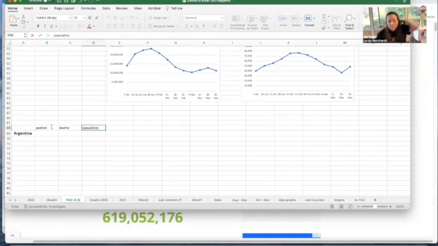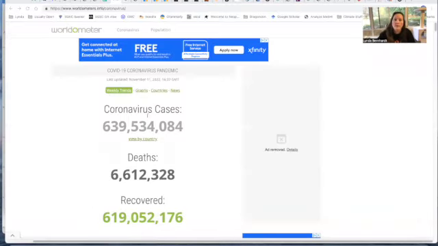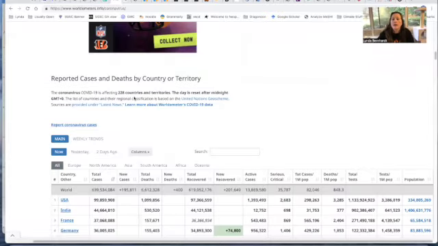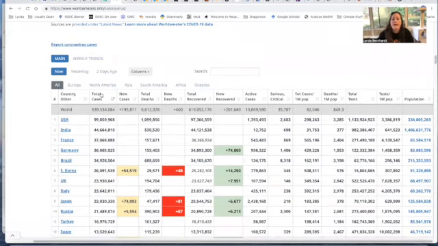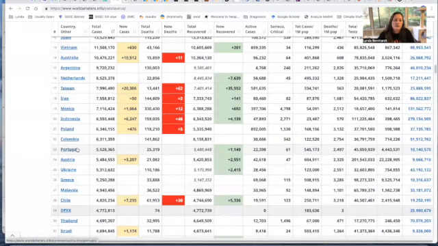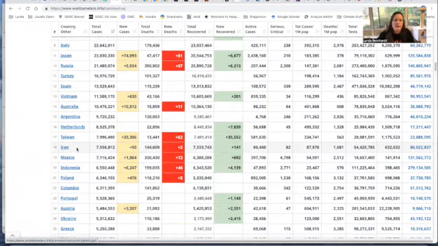Okay, so here's what we're going to do. I am going to go here, which is the website I gave you before. And this is where I get a lot of the information. You will notice they have the total cases, the total deaths, they have population. So I am going to go to Argentina. Okay, right here.